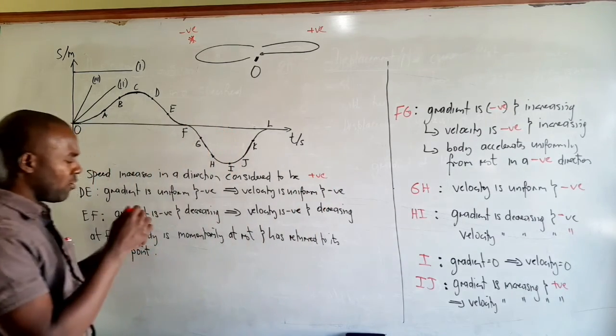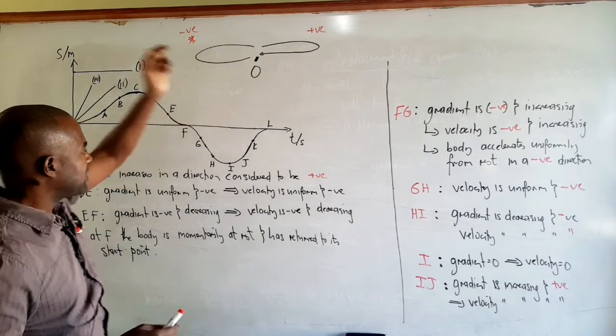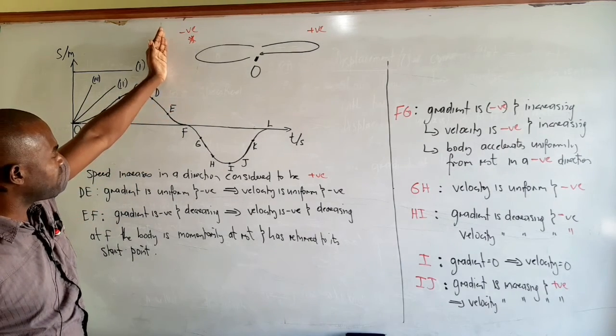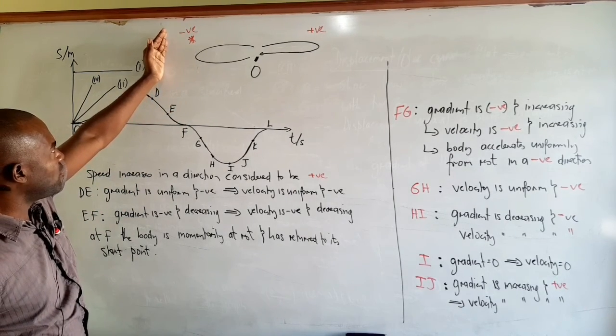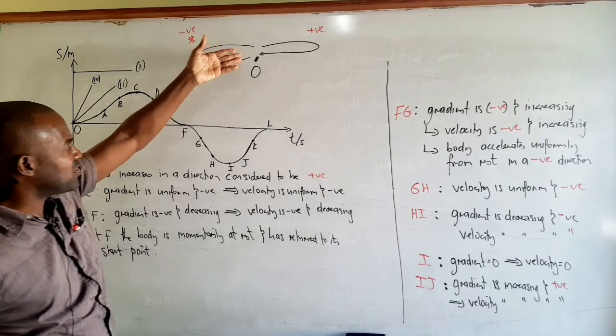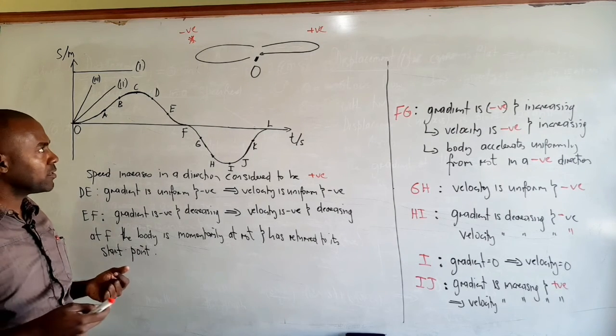So in terms of our reference point O, at I the body is stationary to the left of the reference point, and then it is going to move back towards O, going towards the initial starting point, and we consider that to be a positive direction. It is moving to the right, right?